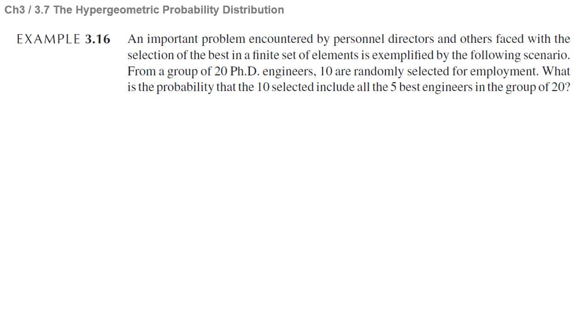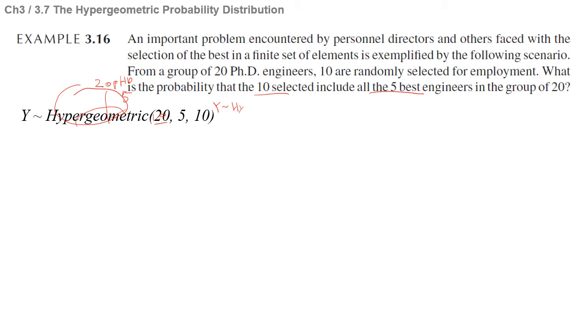So the total sample, we have 20 PhD engineers, and among them there are 5 successes, the 5 best engineers, and we are sampling 10 among them. What would be the probability that all 5 best engineers are included? So the random variable Y would follow hypergeometric distribution.